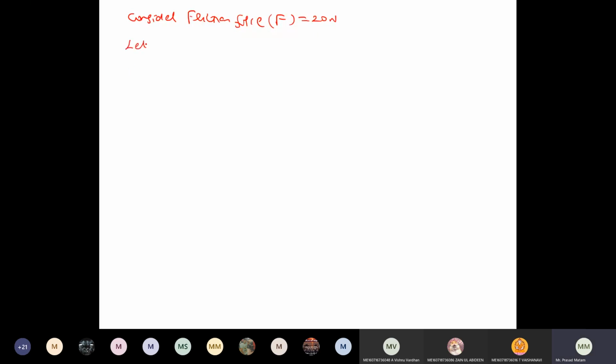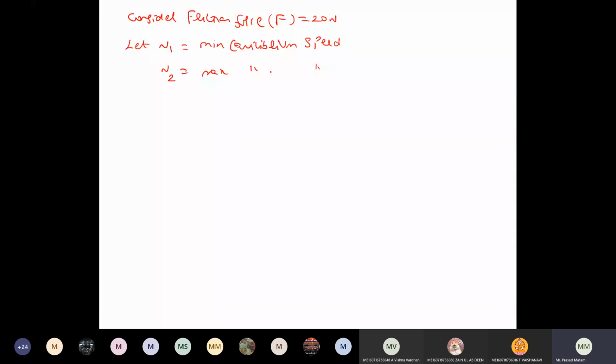Now let us define what N1 and N2 are. N1 is the minimum equilibrium speed, and N2 is the maximum equilibrium speed.